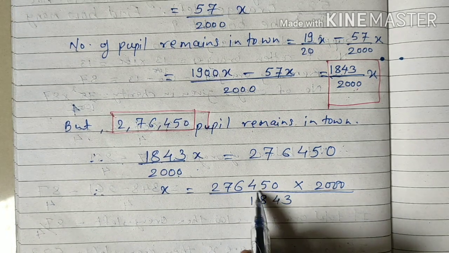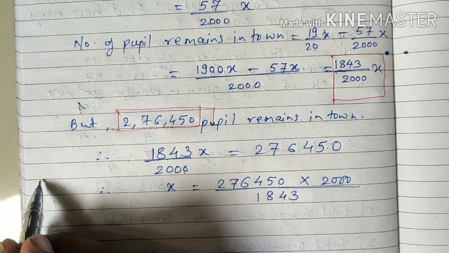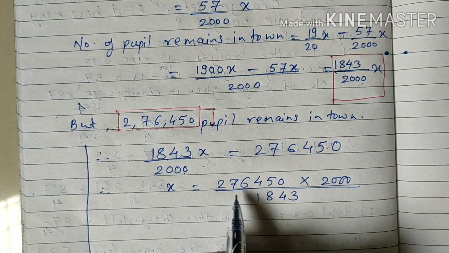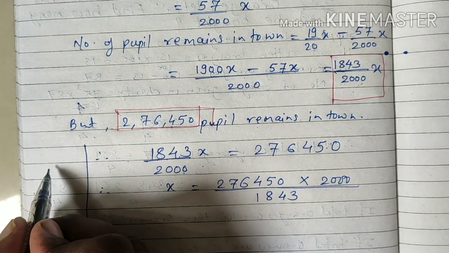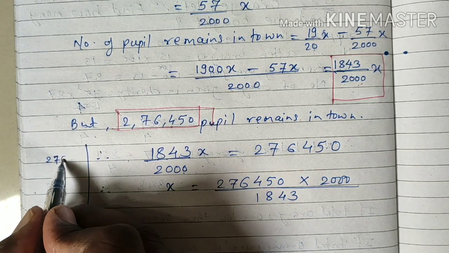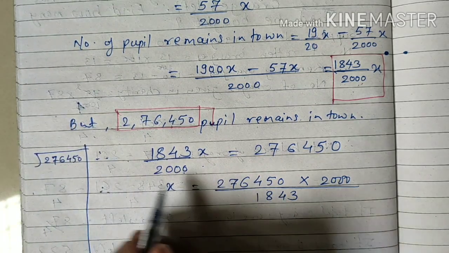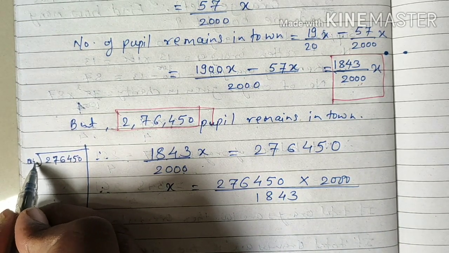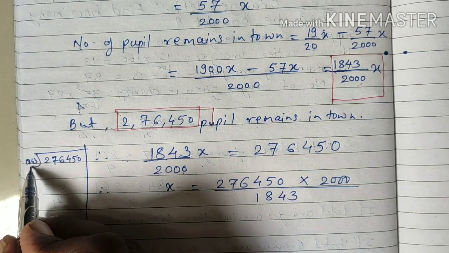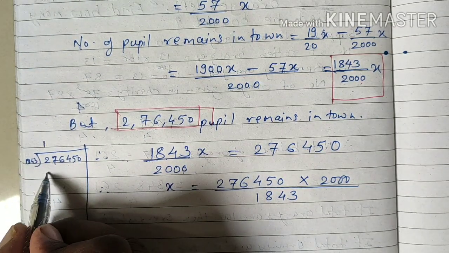Let us find the division of these two by using the long division method. Here I am doing the rough work. 276,450 is divided by 1843. I think if we multiply by 2, it will become a greater number than this. So we will take one here only.